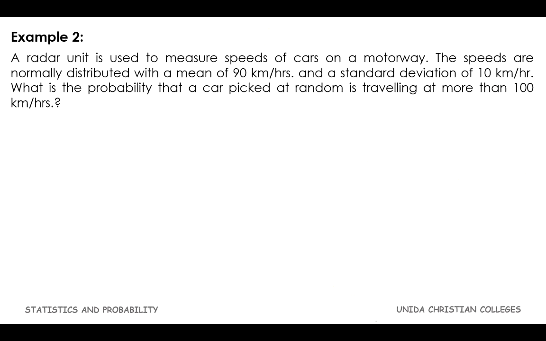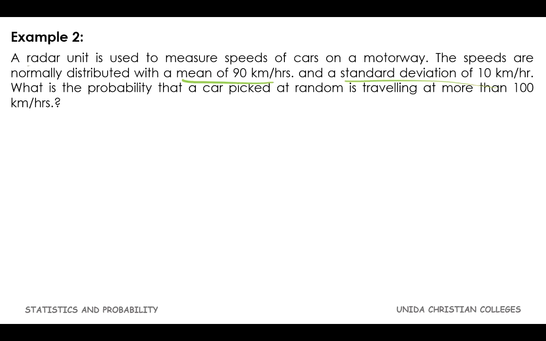Next. A radar unit is used to measure speeds of cars on a motorway. The speeds are normally distributed with a mean of 90 km per hour and a standard deviation of 10 km per hour. What is the probability that a car picked at random is traveling at more than 100 km per hour?